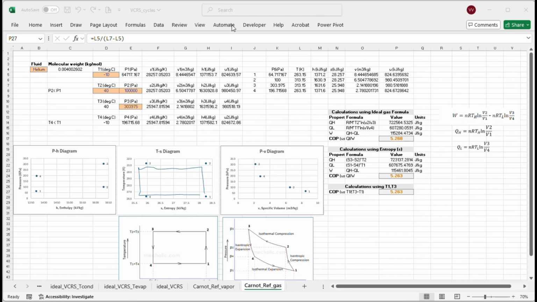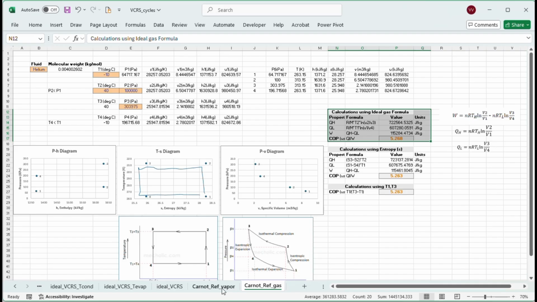So far what we've done is basically calculating the COP for a Carnot cycle for gas. What if the working fluid is a vapor which can change phases? In that case, we cannot use this particular formula because this formula is used for ideal gases.